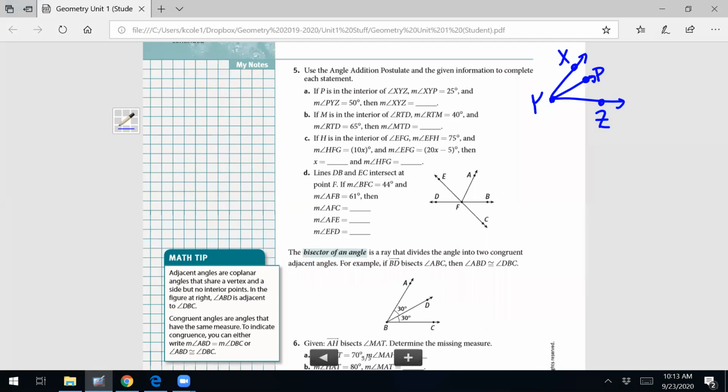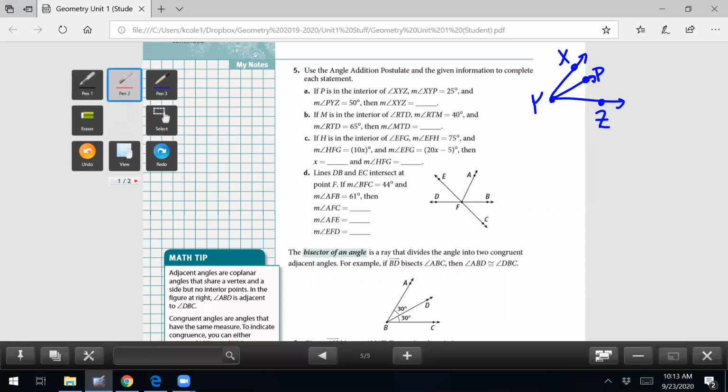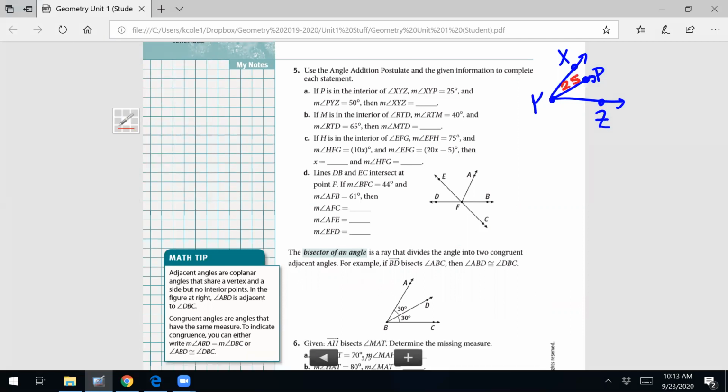XYP is 25 and PYZ is 50. So what is the entire angle? If this is 25 and this is 50, the whole thing is 75. You're just adding those together.